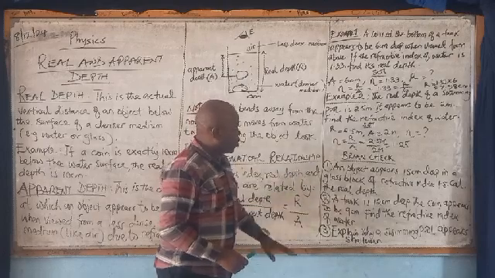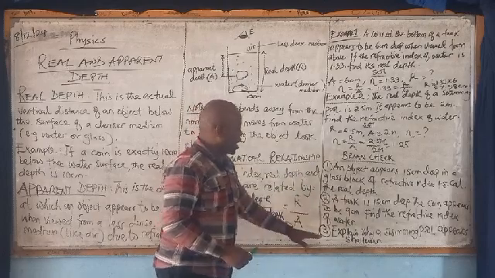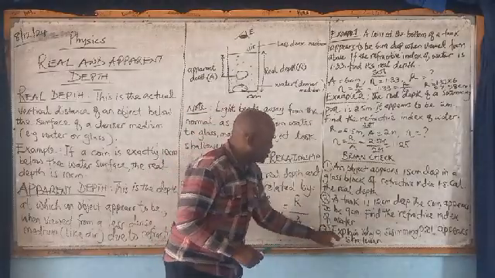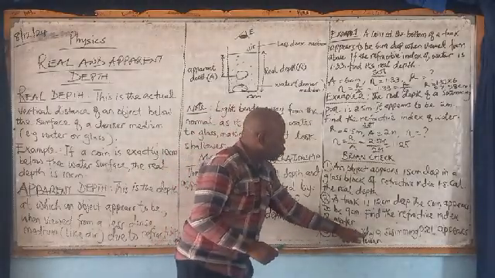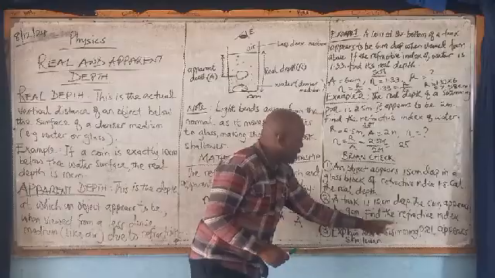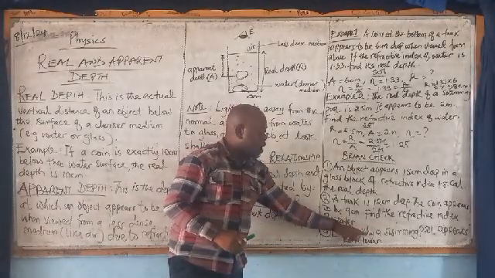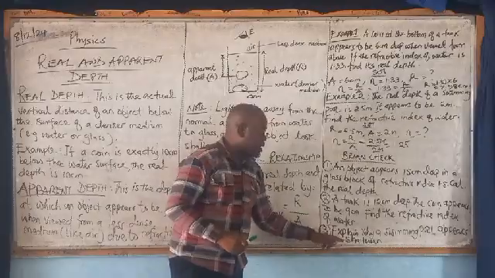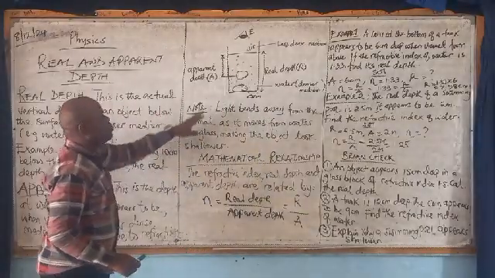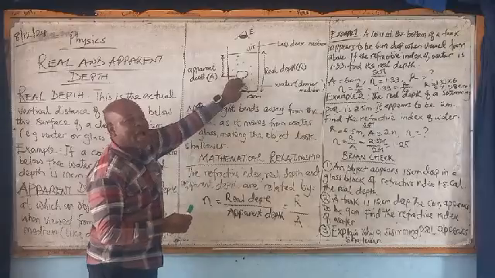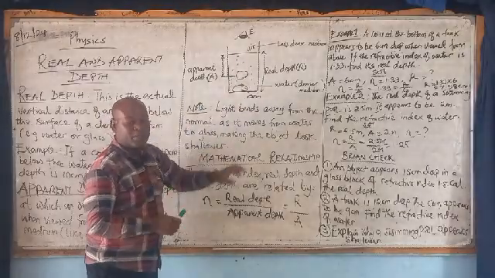We have question number 1, question number 2, and question number 3. Explain why a swimming pool appears shallower. Explain why a coin appears shallower. Thank you very much.